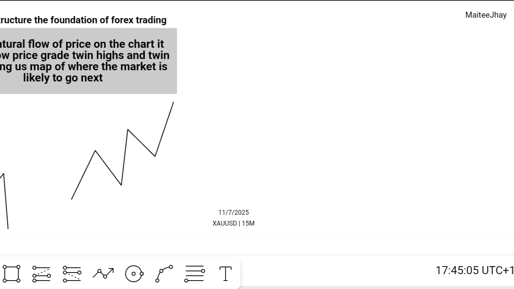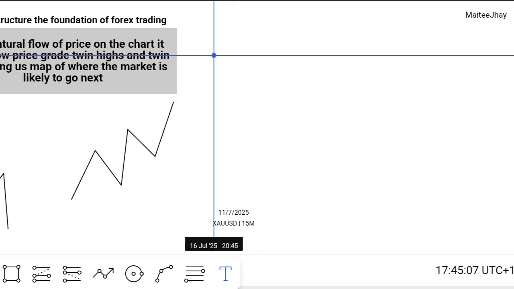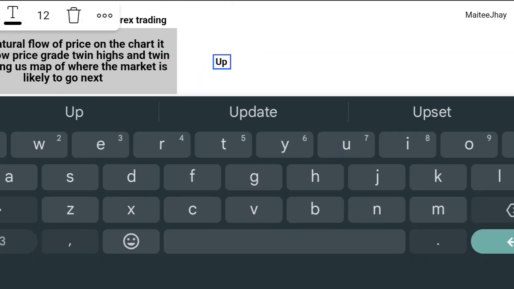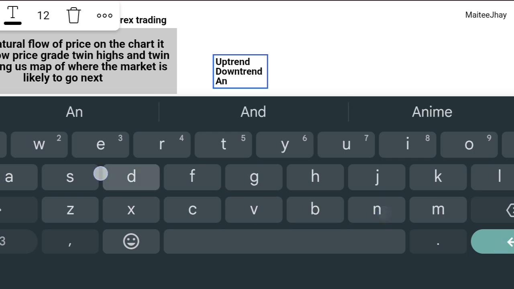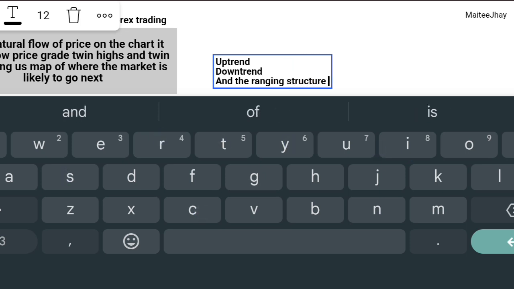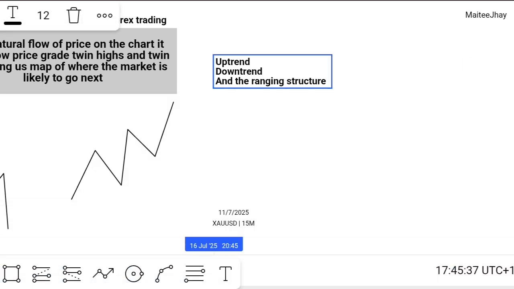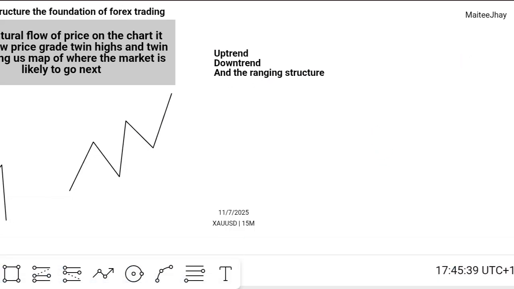Okay, so we said we have the uptrend, the downtrend, and the ranging structure. These are the three phases of structure we have.